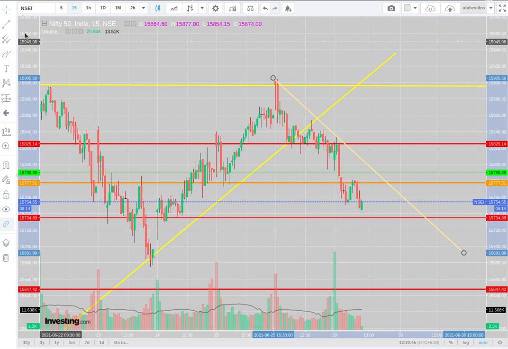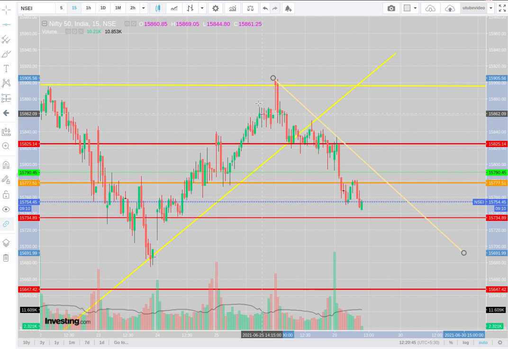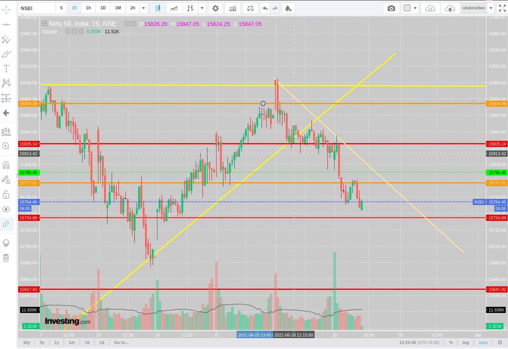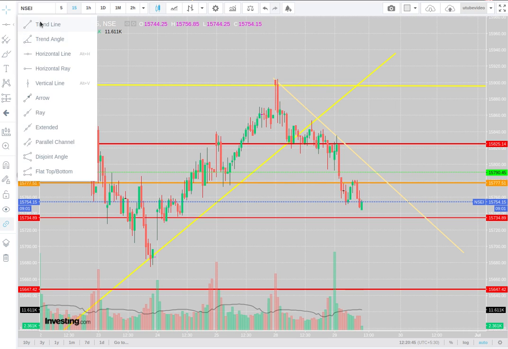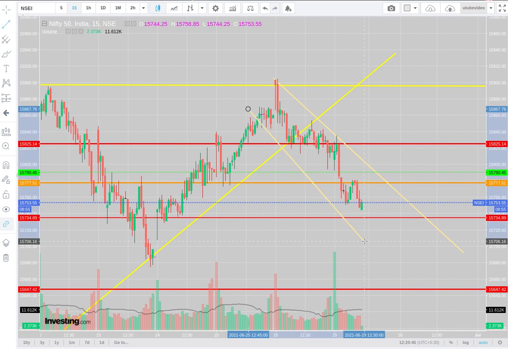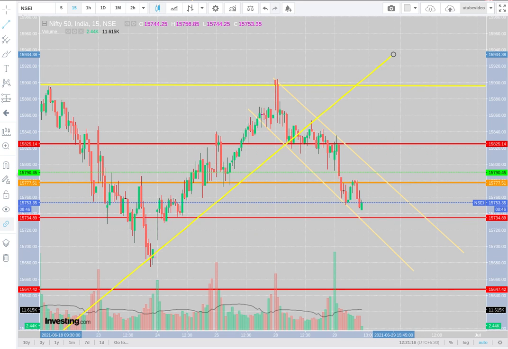Theoretically what's happening is Nifty is trying to move past this one, right? Let's do another trend if we are able to. So this is a sort of a channel, and I am going to delete this line because the channel is already gone, and I don't have much interest in this line.